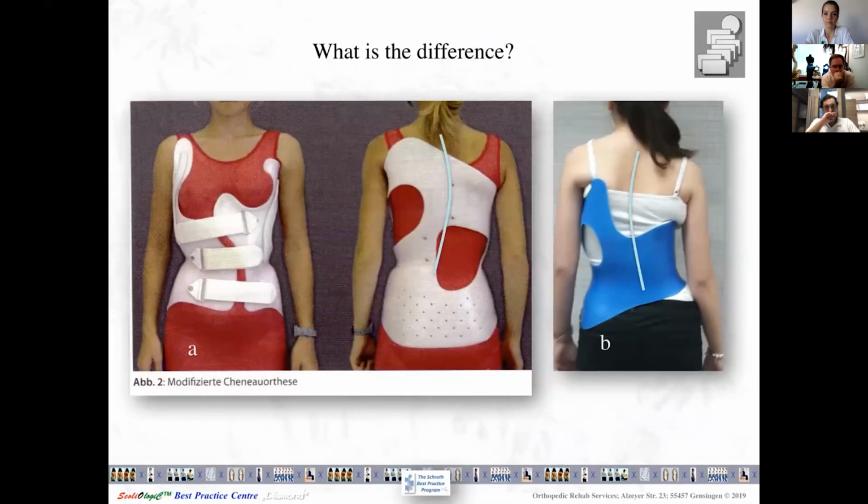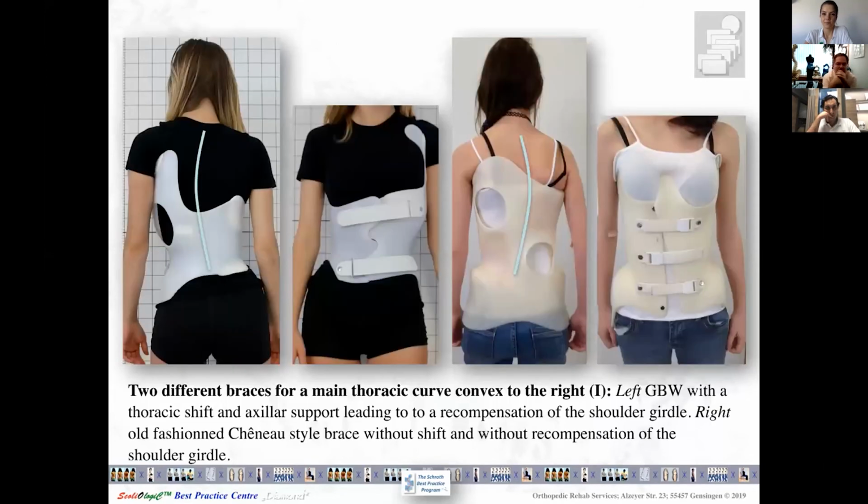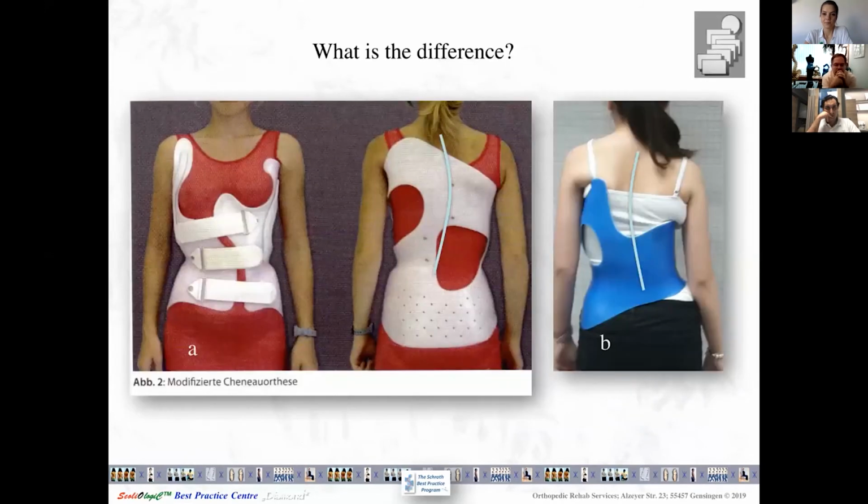Let's have a look at this picture. These two braces were made in the same year, and we can see patients with a single thoracic curve, but on the left you can see an old-fashioned Chêneau style brace.